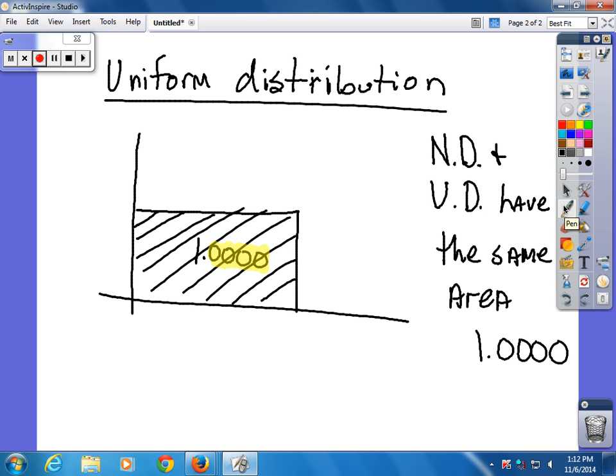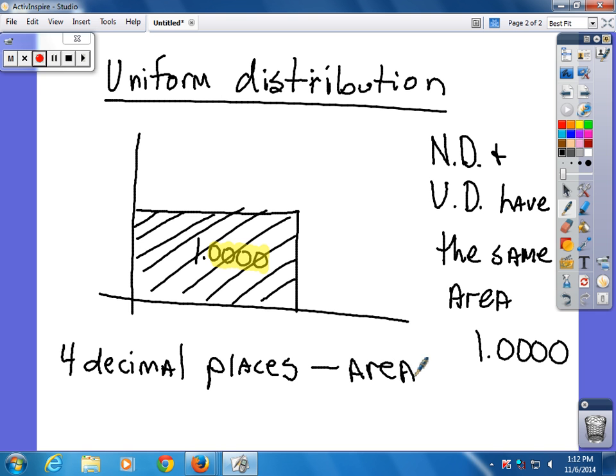Because I want you to write down and remember that 4 decimal places in chapter 6 means that you are dealing with what? An area. If you see anything in chapter 6 that has 4 decimal places, you're dealing with an area.